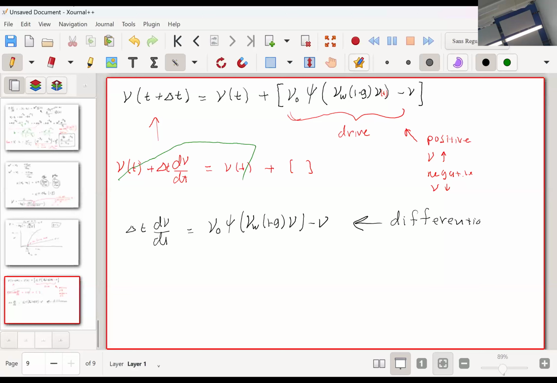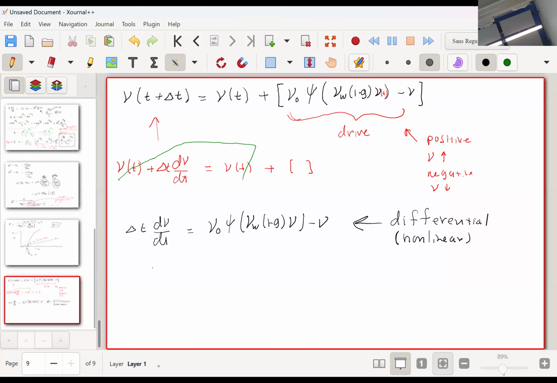It's nonlinear, which makes it hard to solve in general. But although we can't solve it in all generality, we can do stability analysis. So let's assume that nu 0 is an equilibrium.